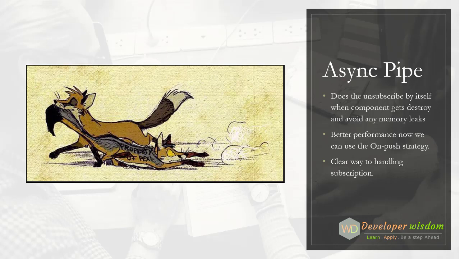So in your enterprise application or in a heavy load application, you will definitely want Angular to do less work, so that it gives you more performance. And to do that, you have to use the OnPush change detection strategy.